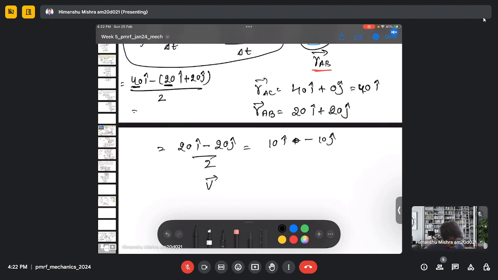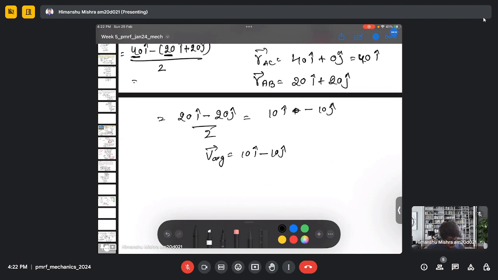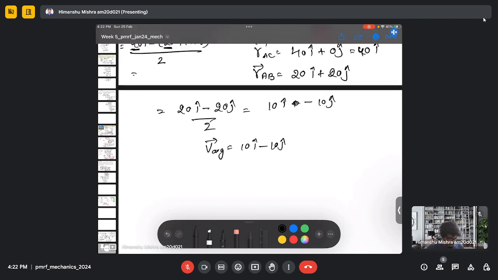So my average velocity vector is 10i minus 10j. And in order to calculate the magnitude, we will have 10 square plus 10 square, which is root 200, which will be around 14.14 meter per second.